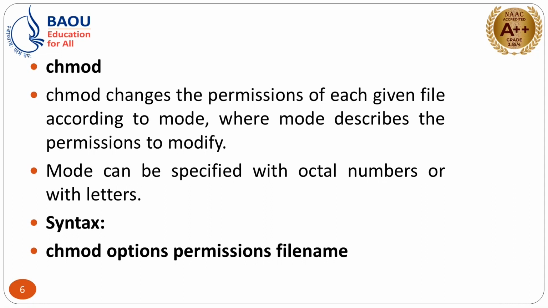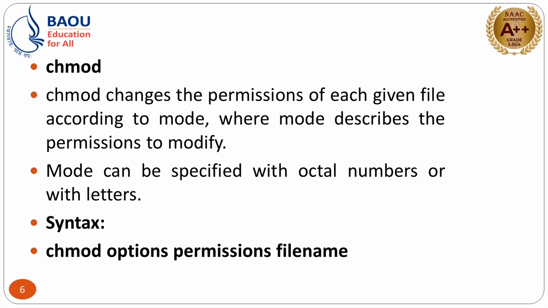Whenever you use this l option, you can get all the details, which includes whether the file is a regular file or a directory file, which are the access rights or permissions for that particular file, then how many links are related with that file or directory, who is the user, who is the owner, then at which time that file was created, what is the size of that file, and the file name. All this information you can see with the help of the ls -l option.